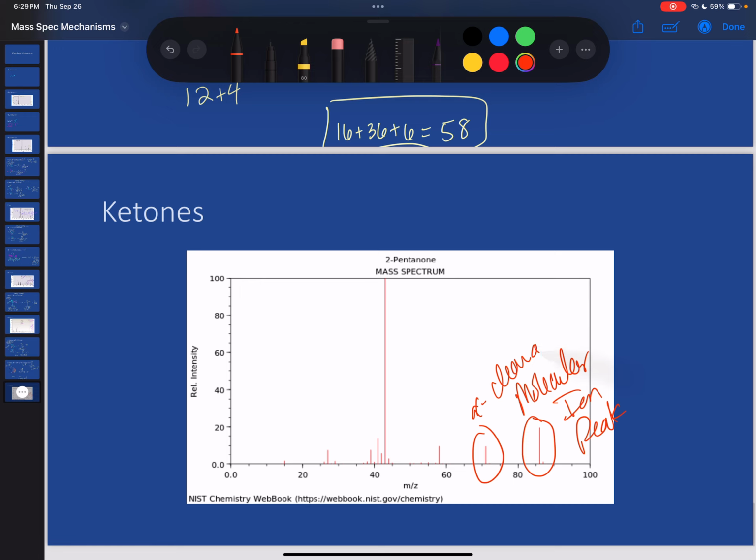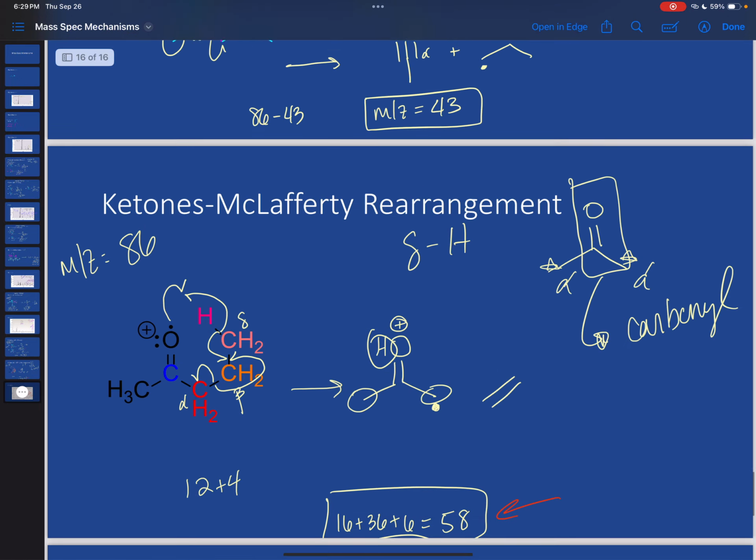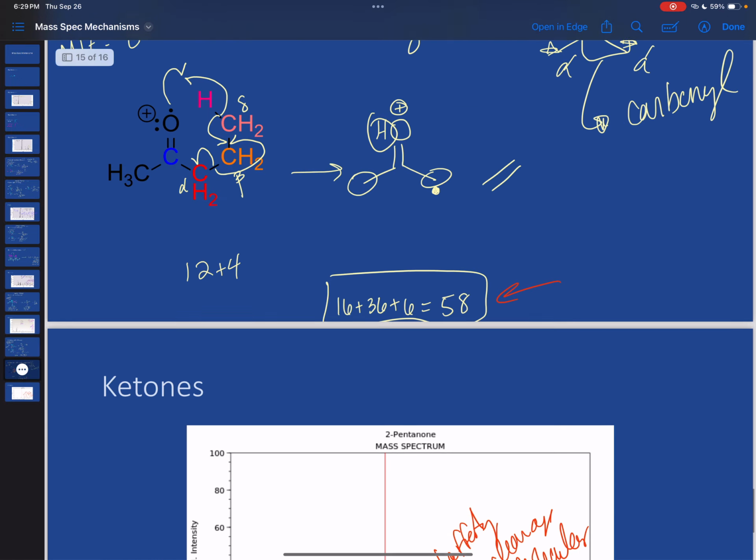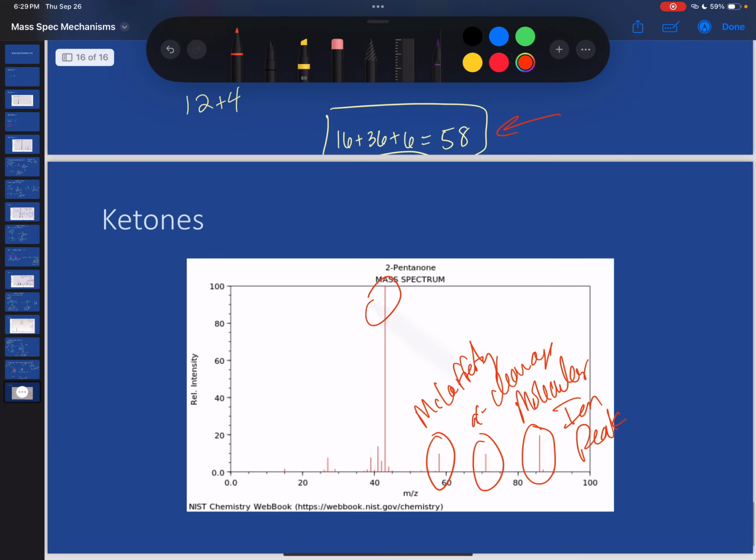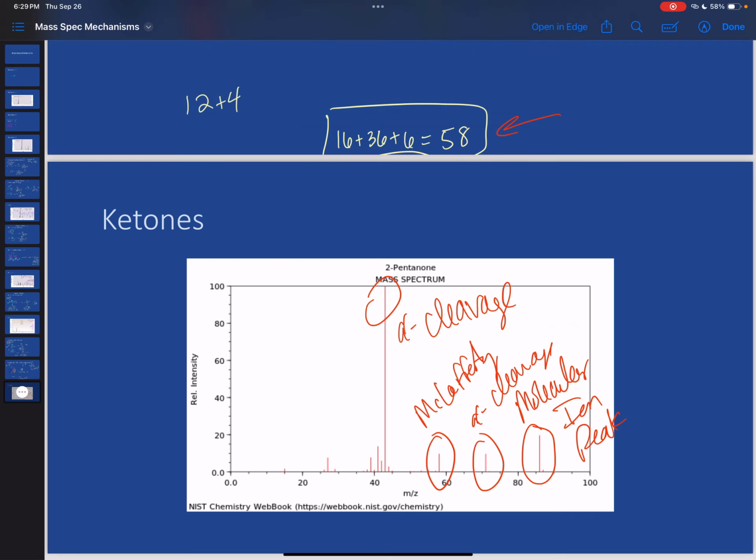And then I see 58 from my McLafferty. And then I bet that other one is from my alpha cleavage, so 43. Yep, so that is my 43 also from my alpha cleavage. So I do see the expected fragmentations for this ketone. So I have enough that I've convinced myself that this is the mass spectrum for this structure.